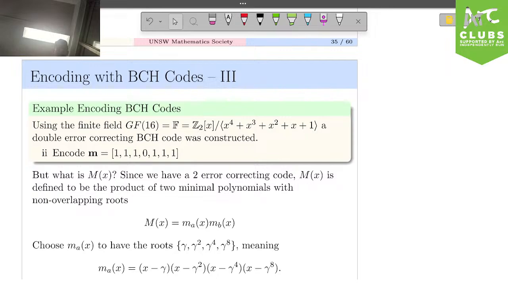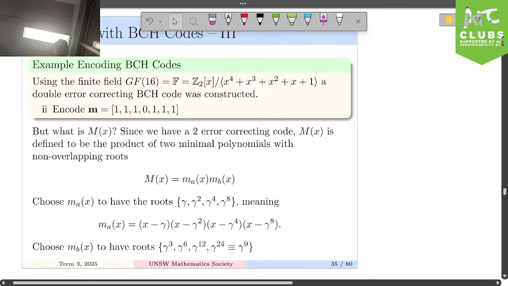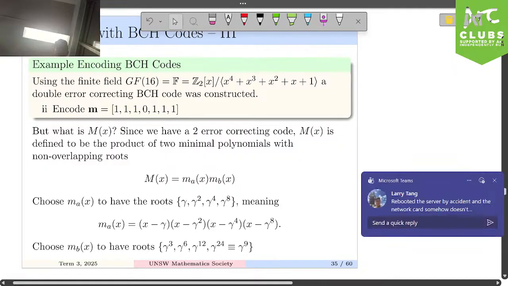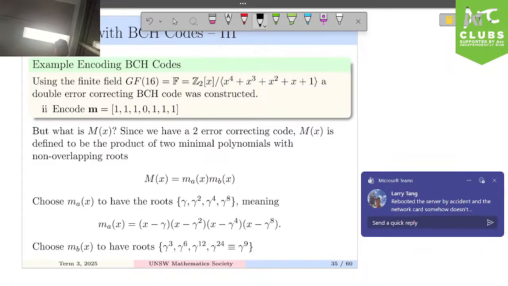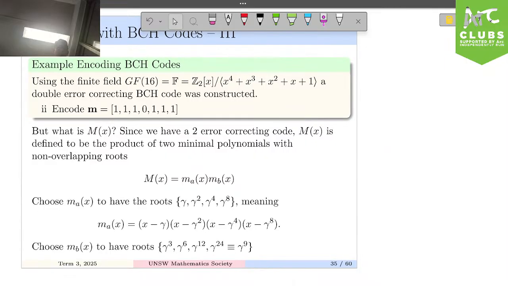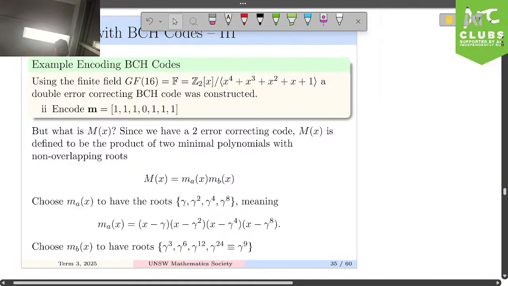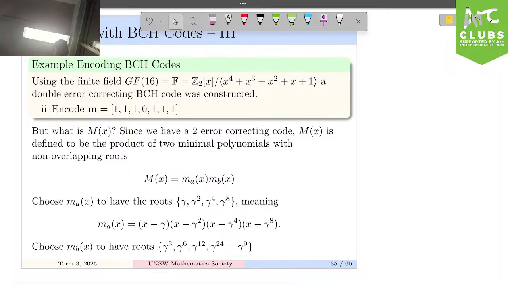Well, I want my other polynomial to have different roots. This is how we start constructing BCH coding. So I'm just going to pick a root gamma cubed. Because these are cosets, nothing will ever overlap. So we would get gamma cubed, gamma to the 6th, gamma to the 12th, and gamma to the 24th. Gamma to the 15th is equal to 1 because of the table, and therefore gamma to the 9 is our final root.